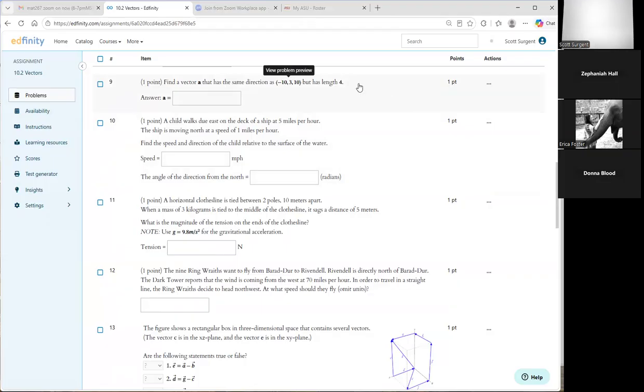Okay, let me draw it real quick. I'll switch my screen. You have a vector going north at 1, and you have a child walking east at 5, and we want the speed and the angle of the direction from the north.